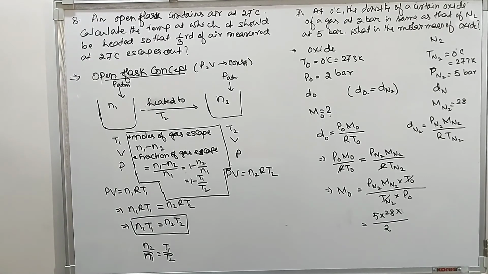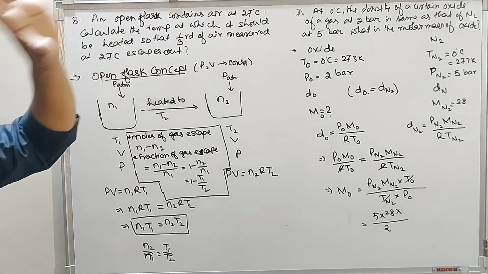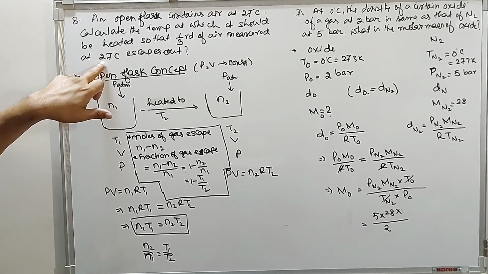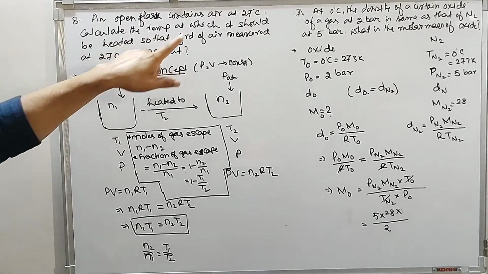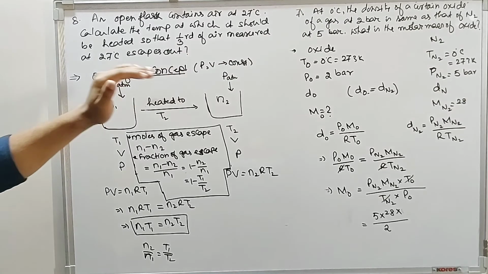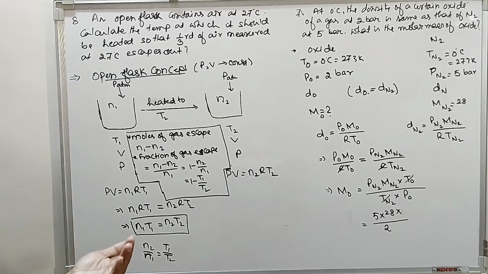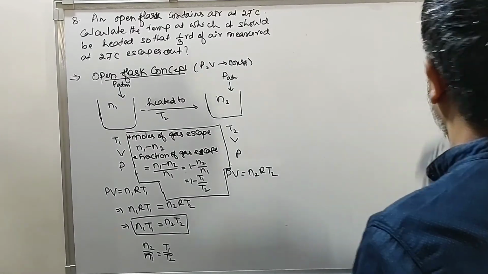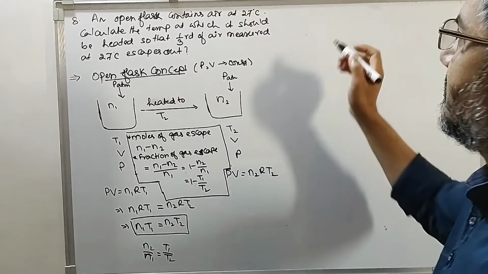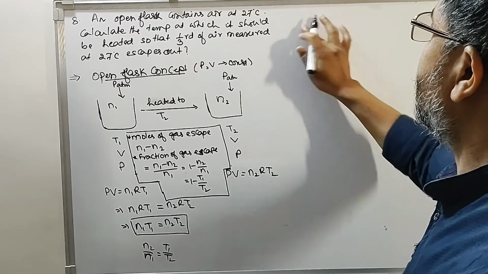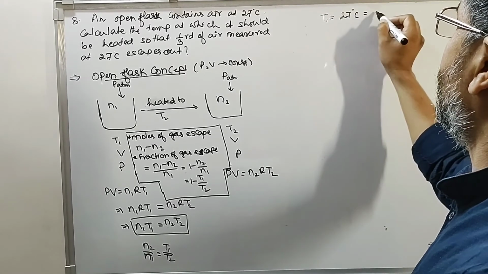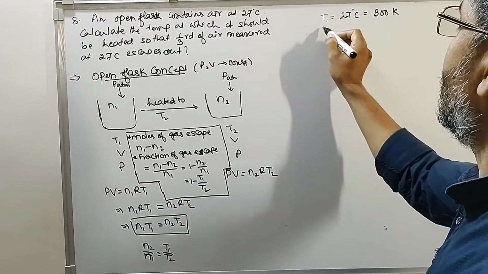So look at this. We have an open air container. The initial temperature is 27 degrees centigrade. We have to find the final temperature. The question says 1/3 of air escapes out. If 1/3 escapes out, what is left is 2/3. So coming to this question, T1 is 27 degrees centigrade, so this is 300 Kelvin.